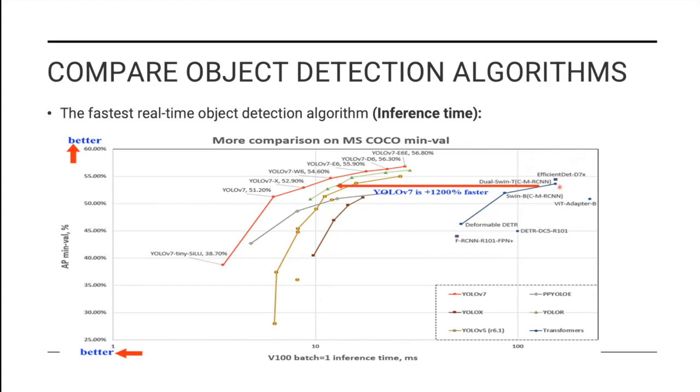But if speed is not the concern, at some point we can also use other versions, for example YOLOX, YOLO version 5, and so on, or Faster RCNN. Still, the average precision is less than the YOLO versions proposed these days. It's very, very common.